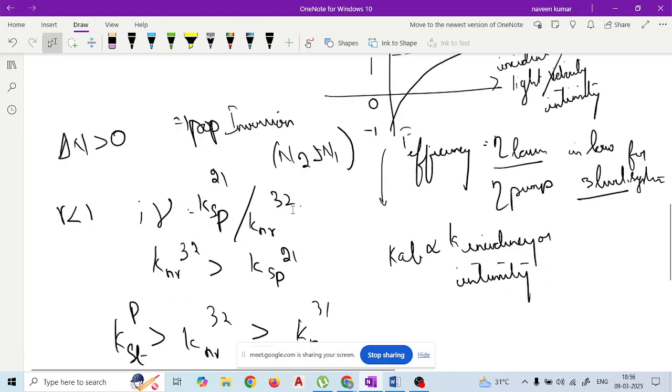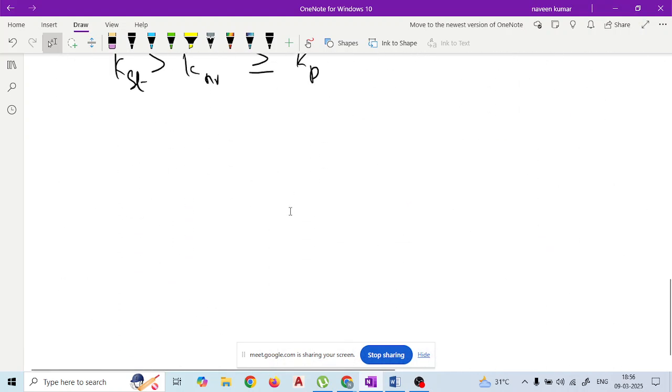the four level, how it will be looking like is, let me just draw the four level laser medium. In order to overcome the problem, people started to work with four level lasing sources also.